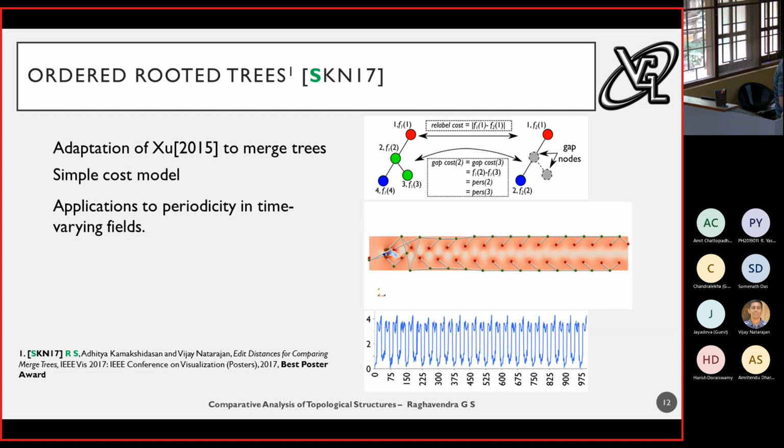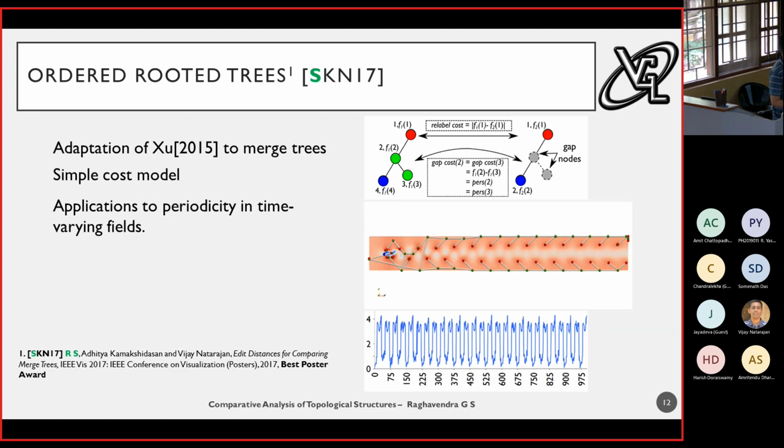There are 1000 time steps in this data, and this data is known to exhibit some periodicity. So what we do is we take the first time step and compare it with all the other 1000 time steps, so that the distances will give us an idea about the period. If there is a periodicity, then there should be a low distance somewhere, because the structure would be very similar to the first structure.